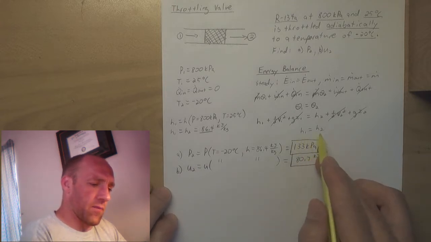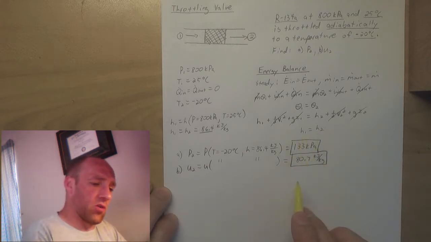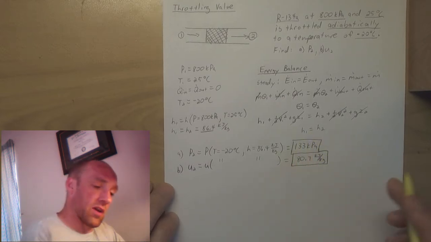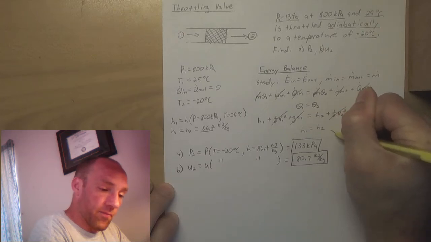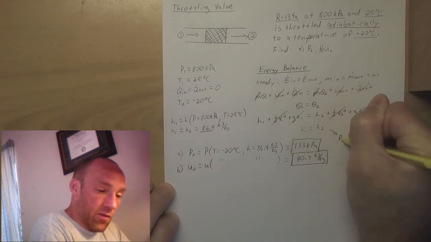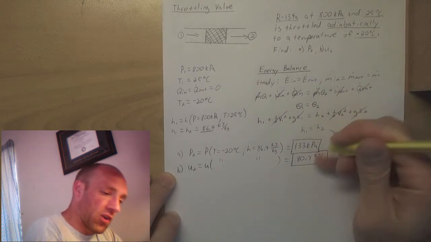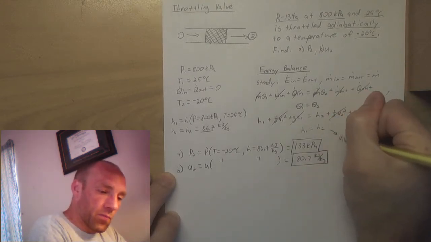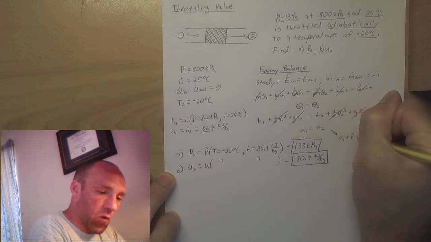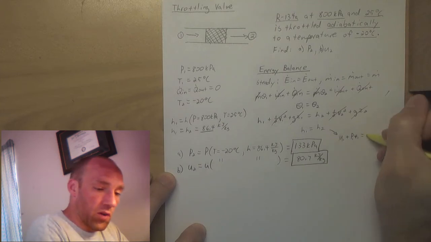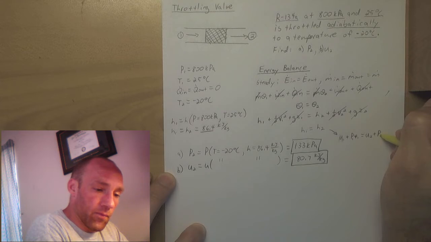If I look at enthalpy, if you remember, we can tear this apart and expand it a little bit further. What this means is that the internal energy plus the flow work at the entrance has got to be equal to the internal energy plus the flow work at the exit.